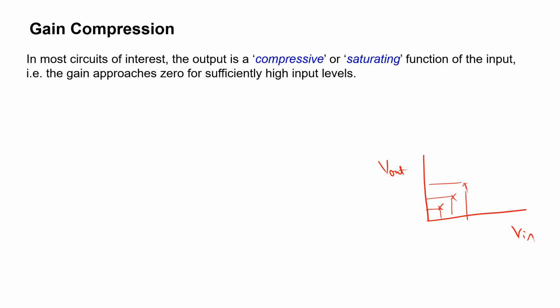At one point, if I increase my V in, the V out is not what I was expecting. So it means that now my gain has reached a saturation point, and after that it will saturate.